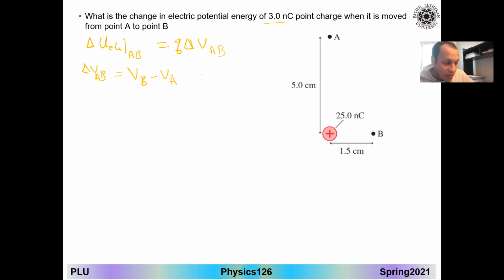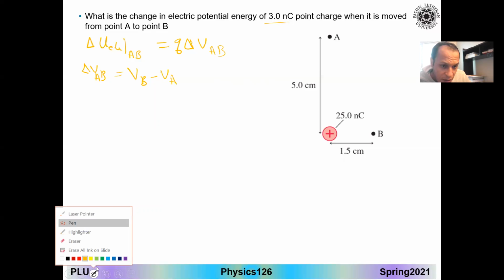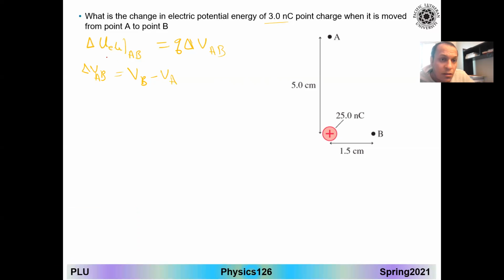So let's go back to the formula for the volt. The original formula is just U divided by Q, and that equals K Q divided by R. Let's call this one RA and this one RB.